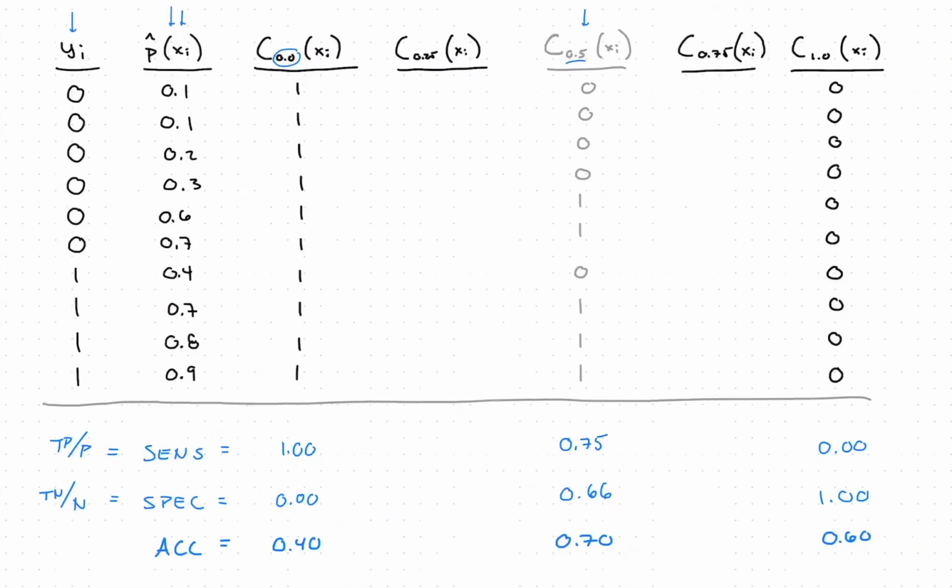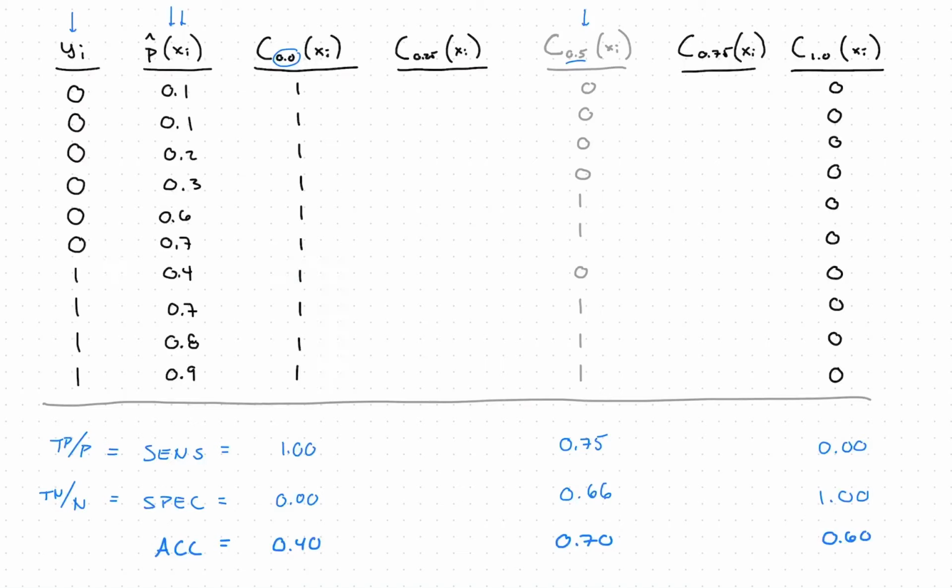We're classifying everything to 1. So our accuracy goes way down because we only get these observations correct now. Our specificity absolutely tanks, but our sensitivity is through the roof because here are the positive values, and these are all true positives, so 4 over 4, there we go, that's wonderful.